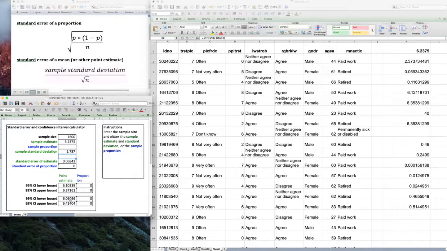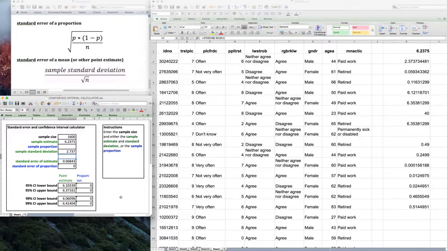And there is our 95% confidence interval. Let's just compare it with the figures we got here. Very slightly different, due, I presume, to rounding, but the differences aren't important. And there's our 99% confidence interval.